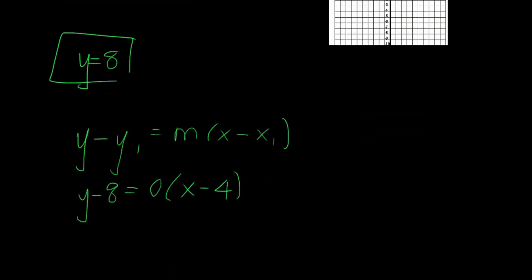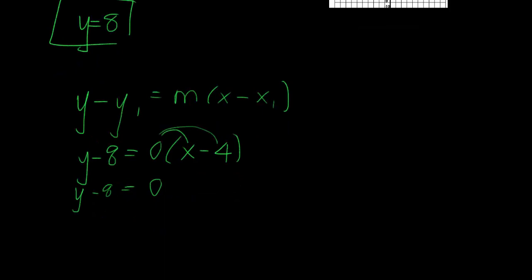So if we distribute that 0, we get 0 on the right side. y minus 8 equals 0, and then we add 8 to both sides. We get y equals 8 again, which is just another way to confirm that y equals 8 is the equation of the line that is horizontal passing through the point (4, 8).